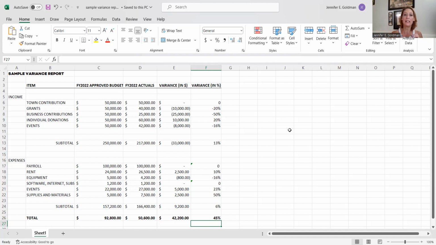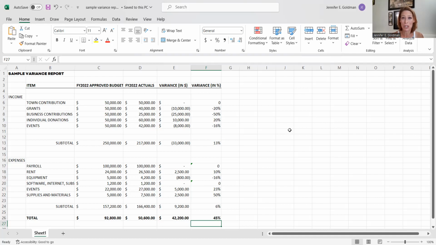But if you take a look at how that nets out at the bottom where it says total in bold, you see we had planned to net $92,800 at the end of the year. But because of those variances, we only netted $50,600, which was a variance of $42,200 or 45%.